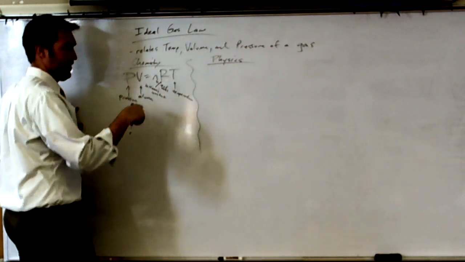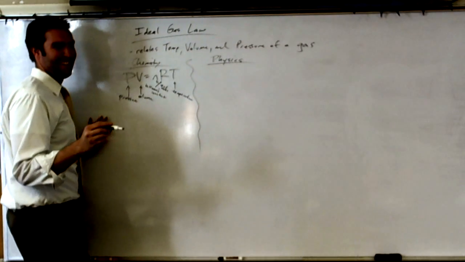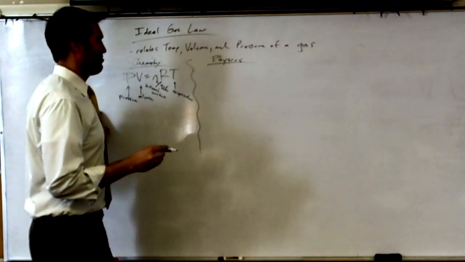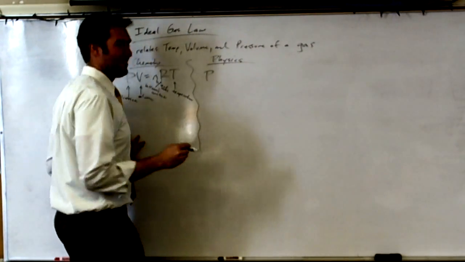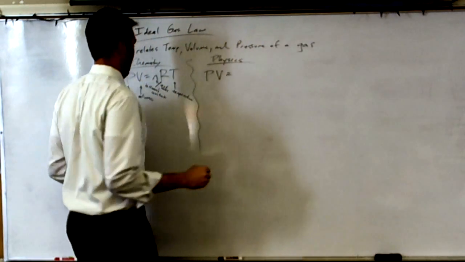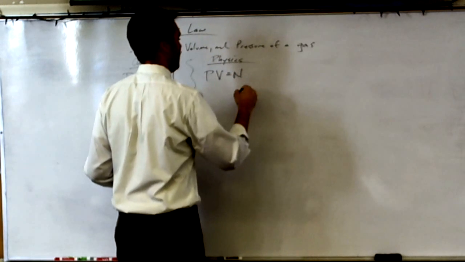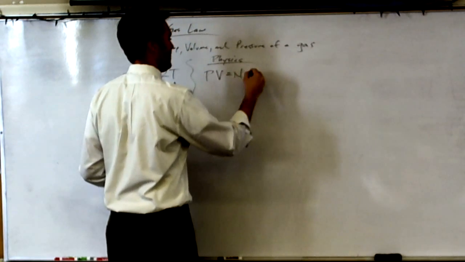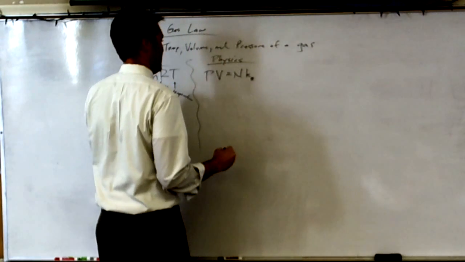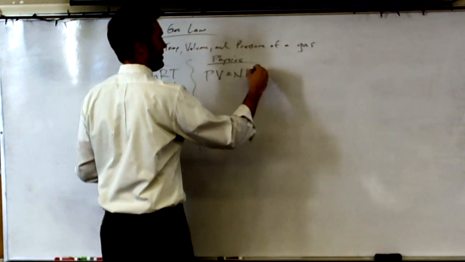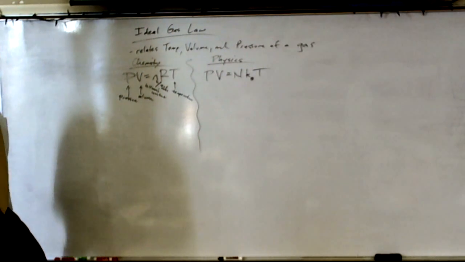What's our version? What's P? Pressure. How do we write it in physics? Big P, big V, big N, k sub B, big T. Is N big or little in this case?